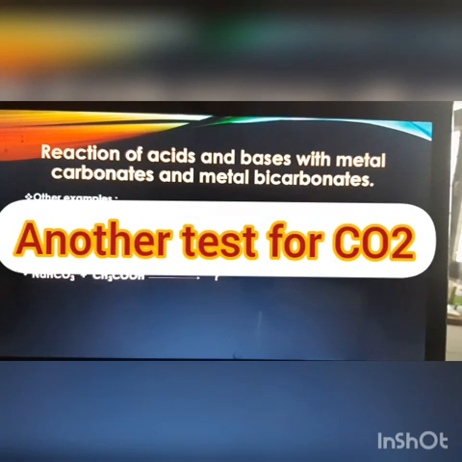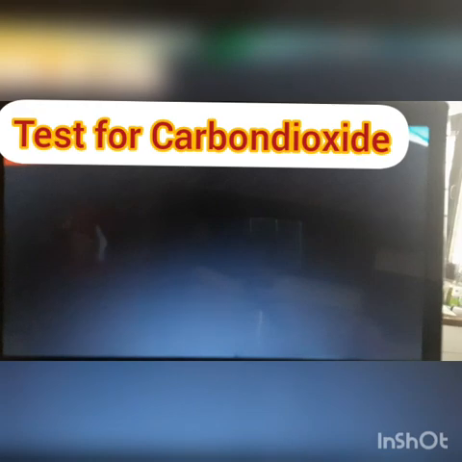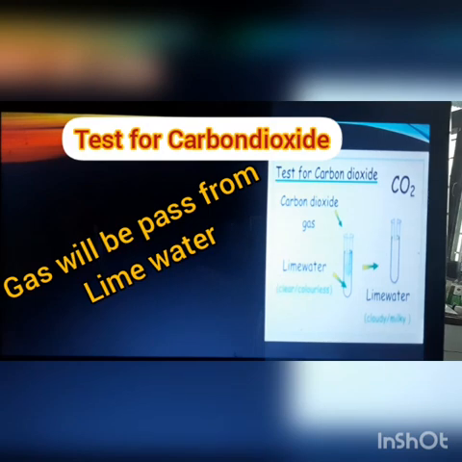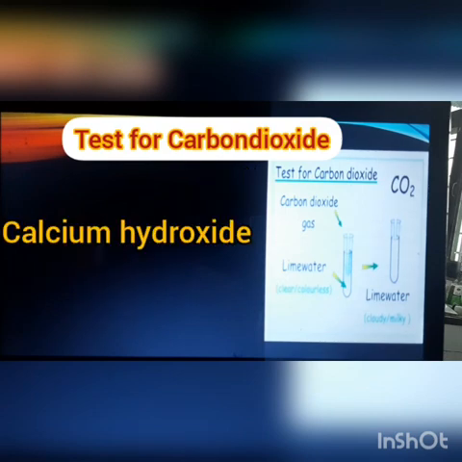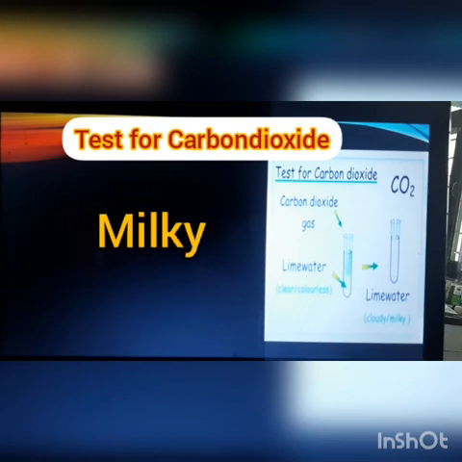But if we want to chemically test the presence of carbon dioxide, what we used to do is pass the carbon dioxide through lime water. Lime water is calcium hydroxide, and it will turn immediately into a turbid or milky solution.